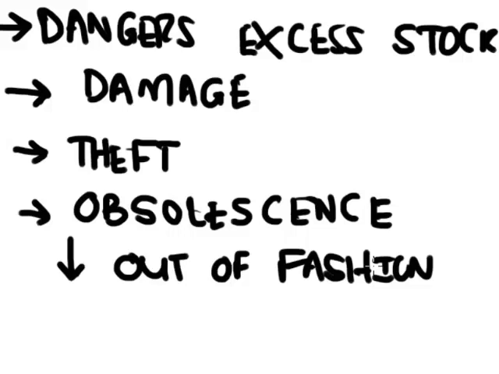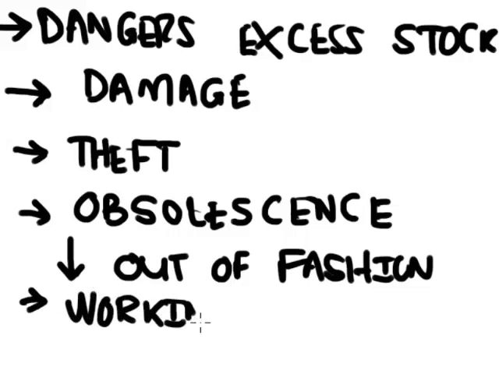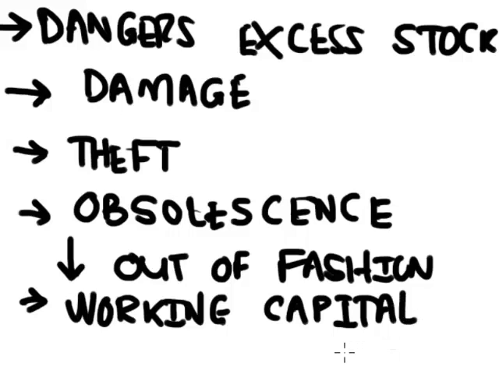Also, when we are dealing with the difference between current assets and current liabilities, we are talking about an item that we refer to as working capital. What is working capital? The difference between my current assets and my current liabilities. Now remember, this is the difference.